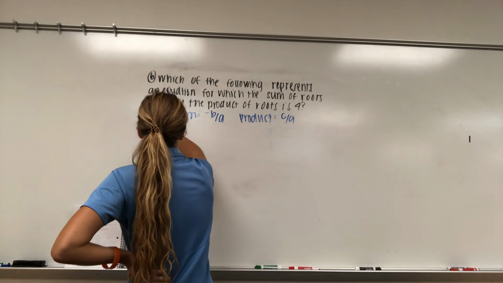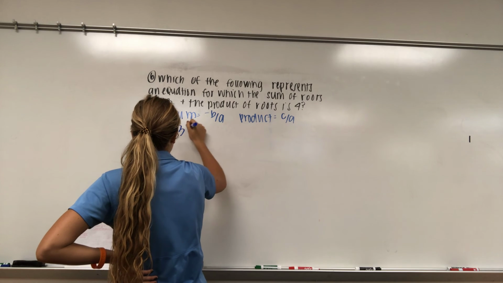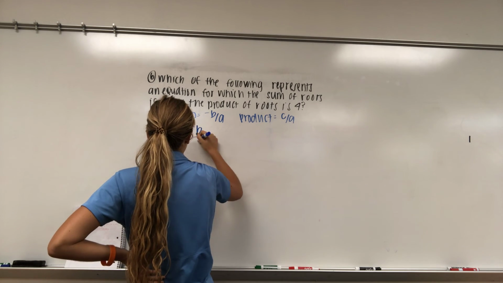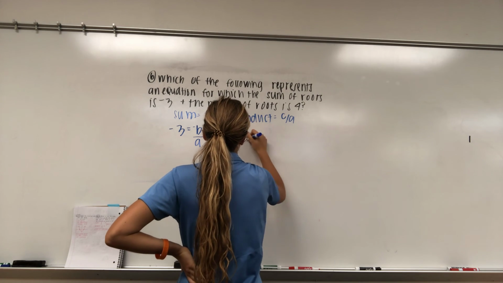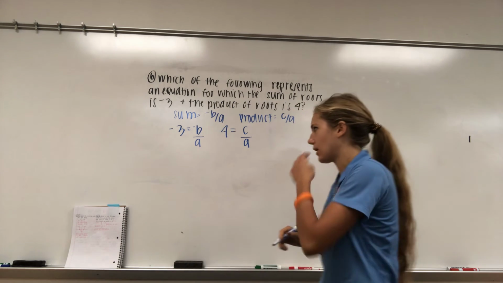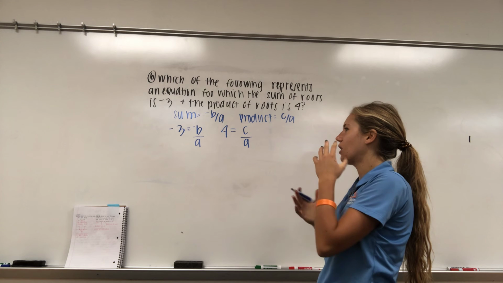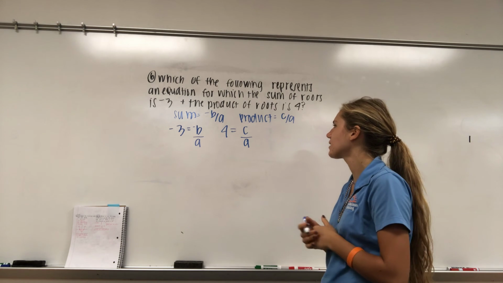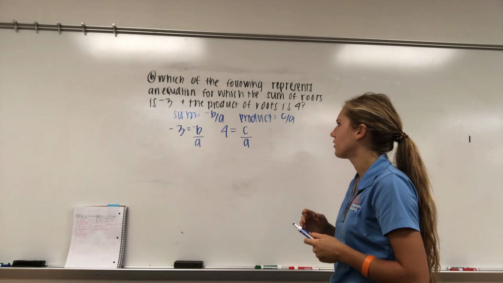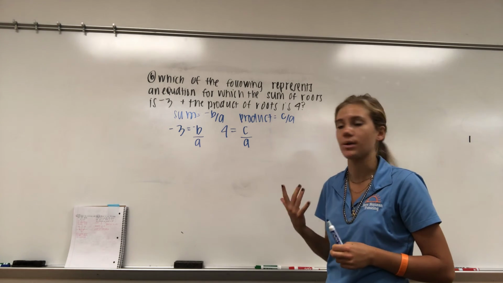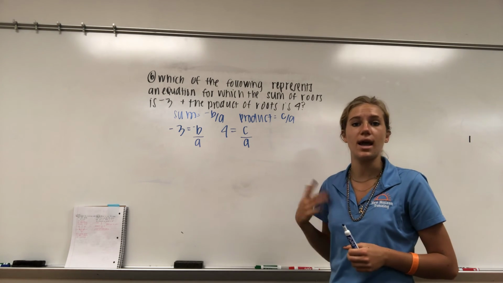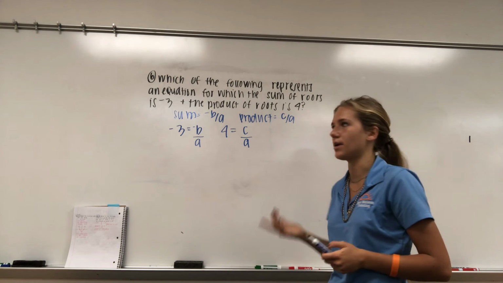So it tells us that our sum of roots is -3, and our product of roots is 4. Now, this is not necessarily a traditional equation, I guess. Usually what they do if they want you to solve for a variable is they give you 2 of the values, and then 1 variable, and then you solve for the variable.